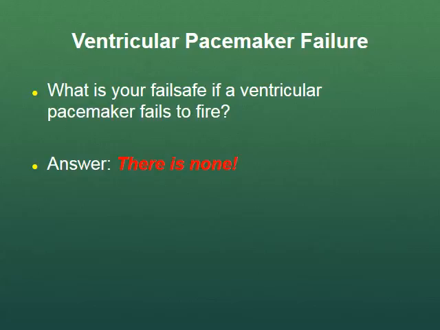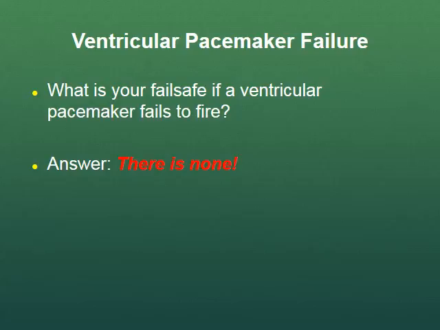If you remember, we said our SA node is our natural pacemaker. If it fails to fire, then the interatrial pathway somewhere in the atria is going to provide our pacemaker responsibility. If that fails to fire, our AV node takes pacemaker responsibility, or somewhere lower in the His bundle, in the proximal or distal AV node.